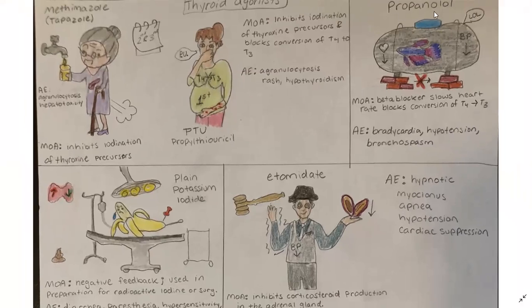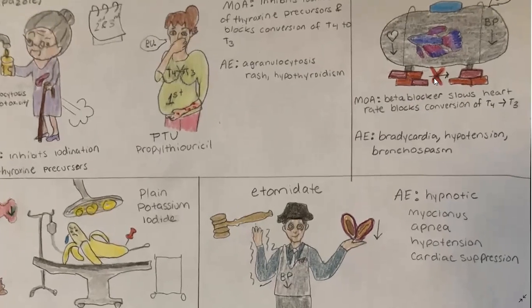Next, we're going to talk about propranolol. So this is something that treats the symptoms, mainly the symptoms of hyperthyroidism. And it's a beta blocker. So we have a beta fish. Let me back up a second. This is a propane tank for propranolol, and it's saying LOL for propranolol. And there's a beta fish on it because it's a beta blocker. So it's going to slow your heart rate and block the conversion of T4 and T3.